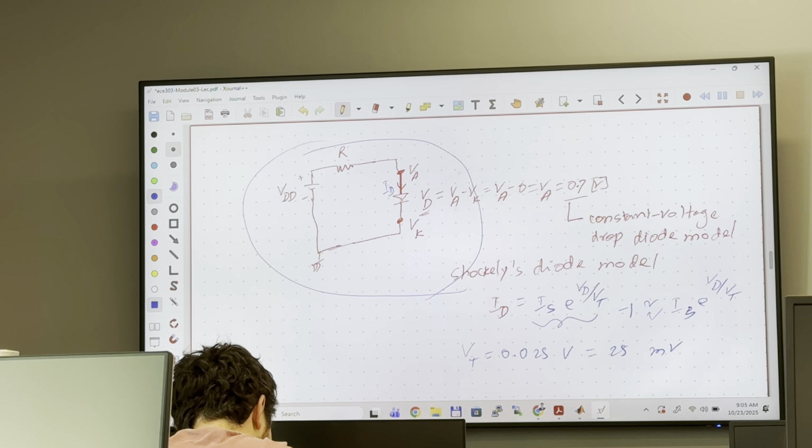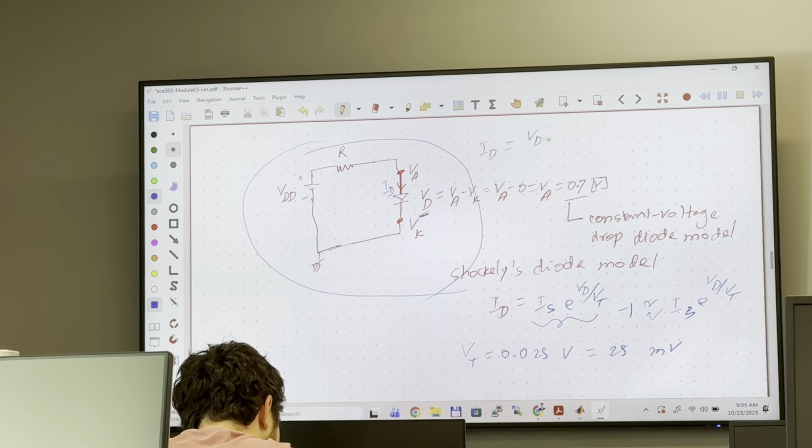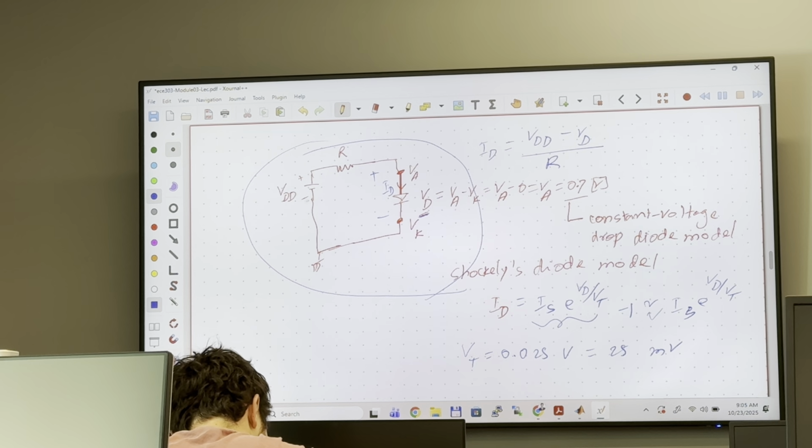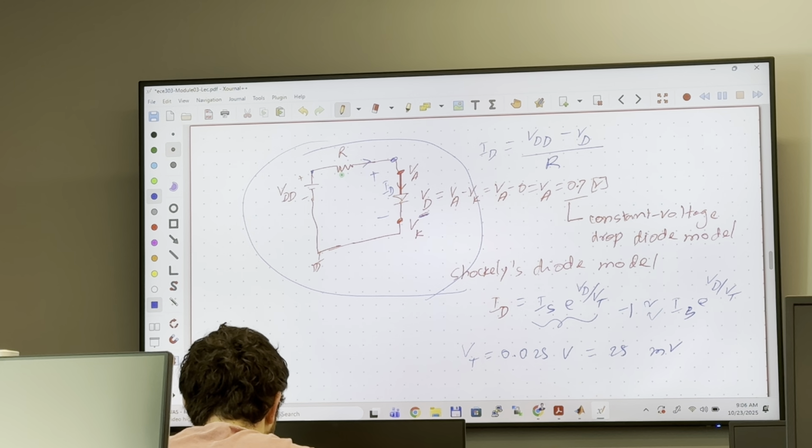ID is simply, because we consider the constant voltage drop model, VDD minus VD over R. The voltage drop across the diode is VD, so this voltage minus this voltage divided by R is the current flowing through this resistance R. Because this resistance and this diode are connected in series, you will have the same current.